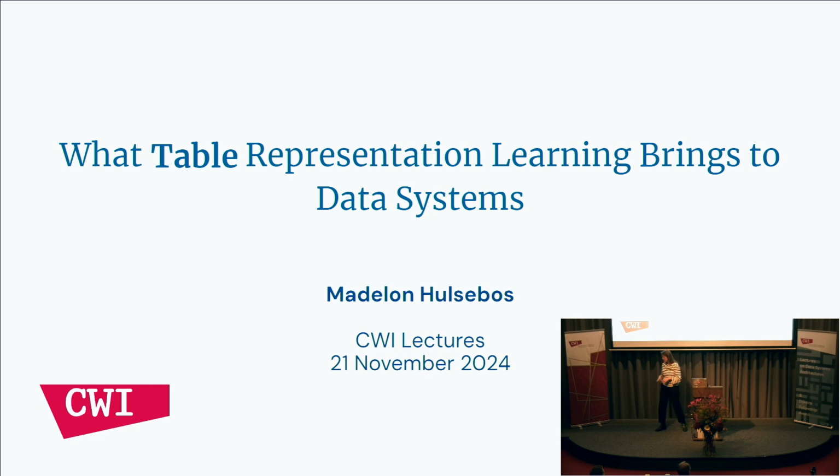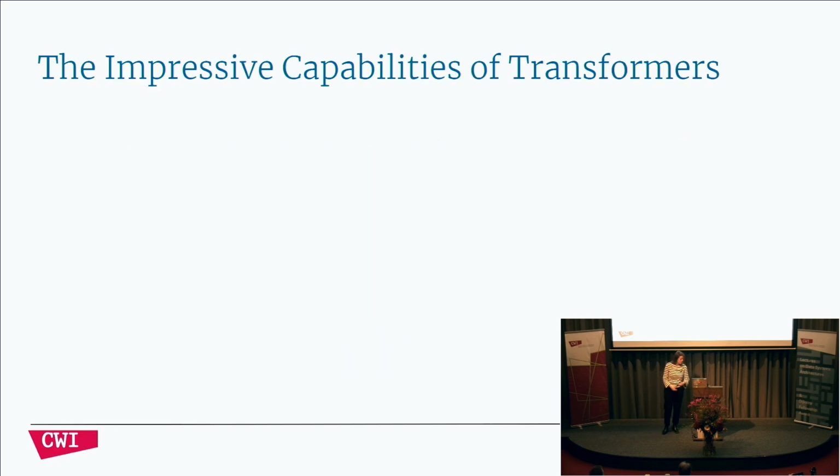I've been really focused on downstream applications, but I'll try to also bridge two architectures of data systems. Promised. But first, let's think about the impressive capabilities of transformers that we've all already seen. Transformers is the main architecture of neural networks that have made things really scalable.